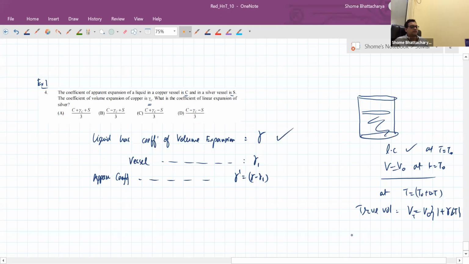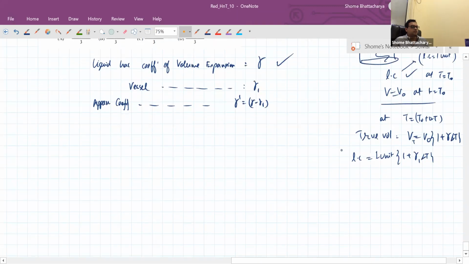But the least count of the measuring device will become whatever unit. Here the least count was equal to 1 unit of volume, but that will become 1 unit into 1 plus gamma 1, sorry, gamma of the container of the vessel, into delta T.